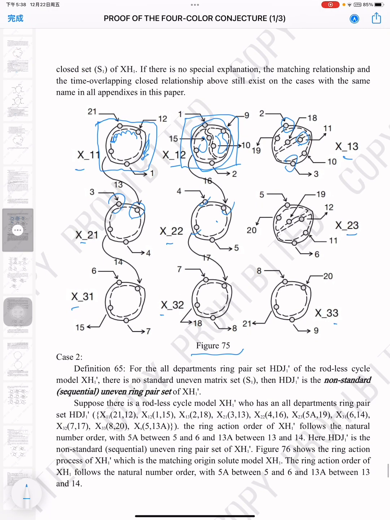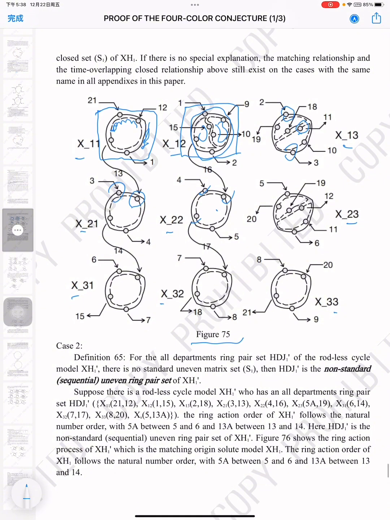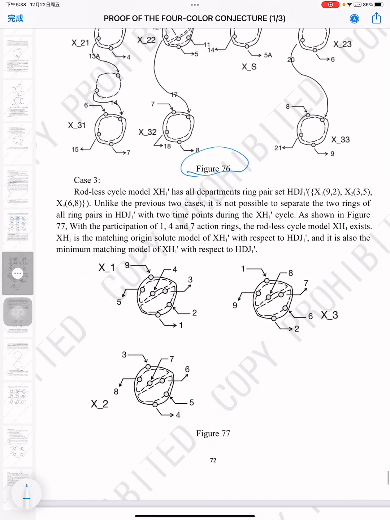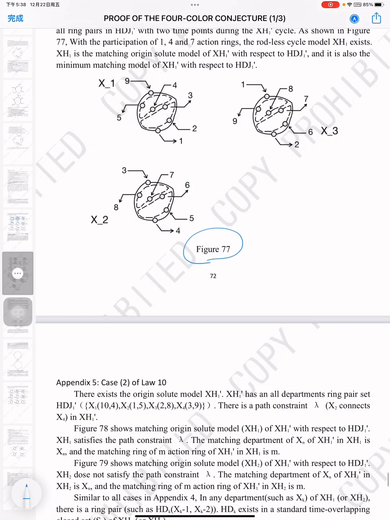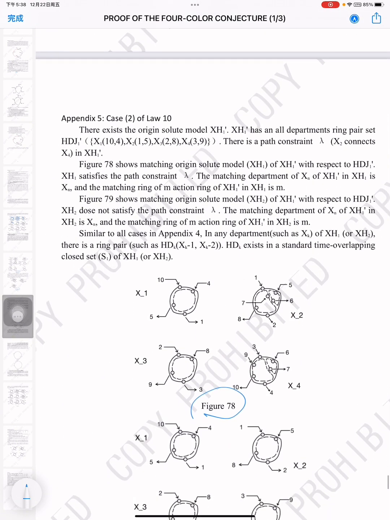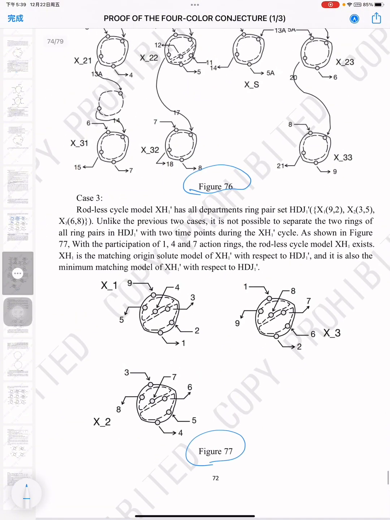The action process all satisfies their requirement of existence. The same goes for this figure, maybe this figure.